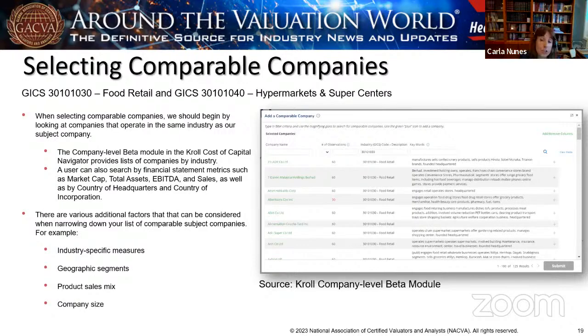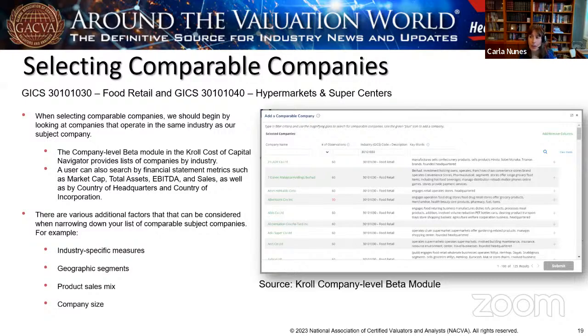Importantly, you can select based on size metrics. You can search by market cap, total assets, EBITDA and sales. Also, you can search for country of headquarters and country of incorporation. The reason this matters is because sometimes you do have a very different country of incorporation versus country of headquarters.